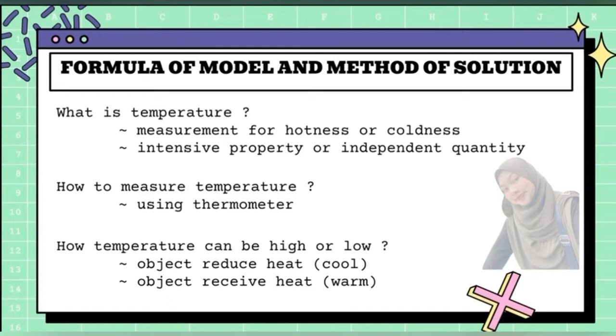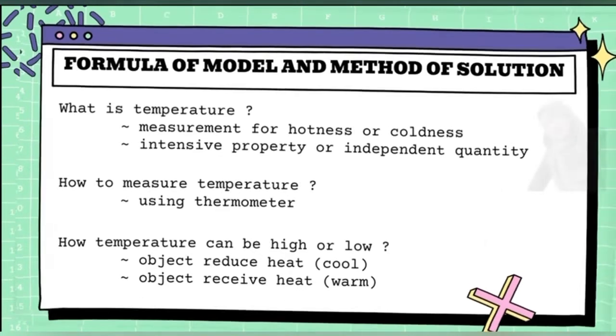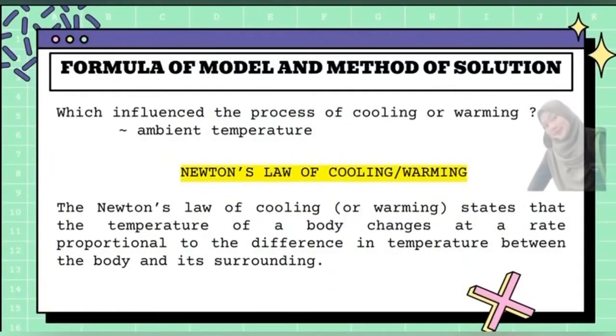How can temperature be high or low? Temperature can be high when an object receives heat and cool when it reduces heat. The process of cooling and warming is influenced by ambient temperature.